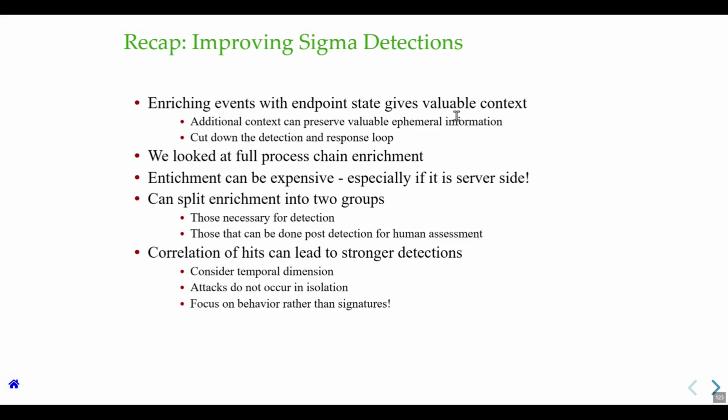It can also be expensive on the endpoint if you're reading lots of files and that kind of thing. So we can split them into those enrichments that are necessary for detection, and those that are necessary for assessment. And then we saw how we can use correlation across events to help us create stronger detections.